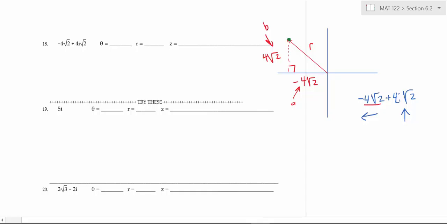So if we're going to find the radius, we can go immediately to the Pythagorean theorem. We can't do this in our head, so one thing we can do is R squared is equal to A squared plus B squared. So that's going to be R squared equals 4 times the square root of 2 squared plus negative 4 times the square root of 2 squared, like that.